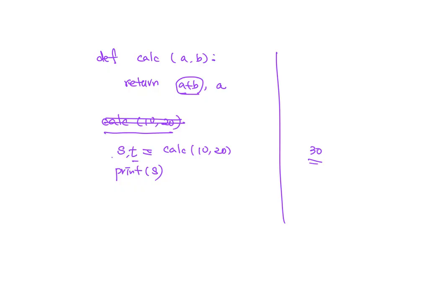So in this structure, S receives the value of A plus B, and T receives the value of A. When you print S, 30 will be displayed. And if you print T, the additional value will be displayed on the screen.